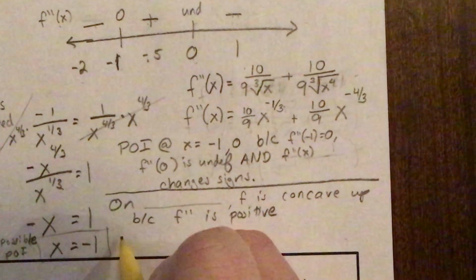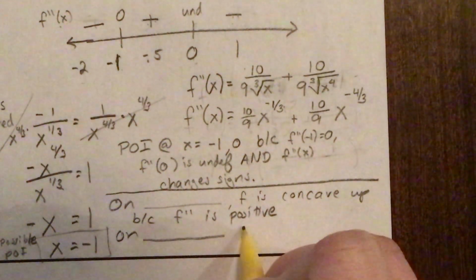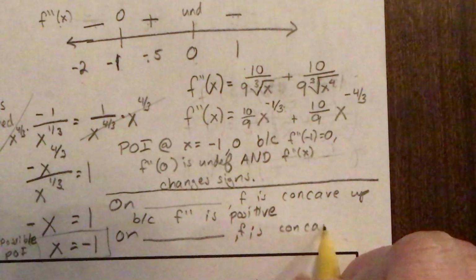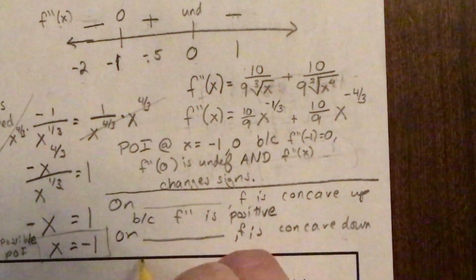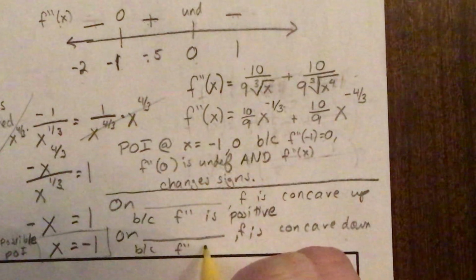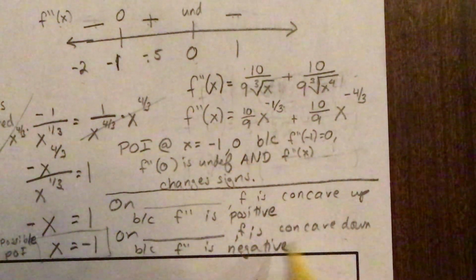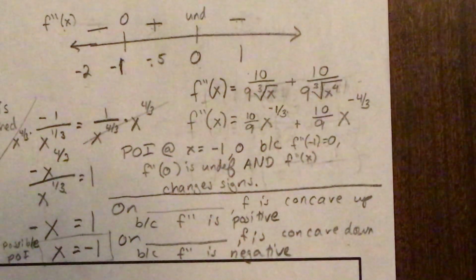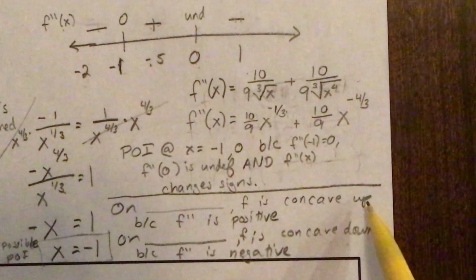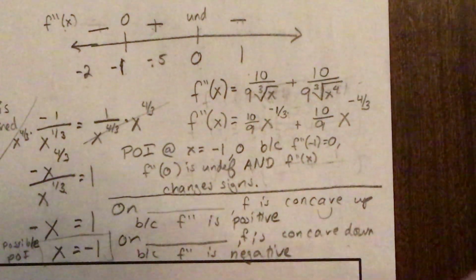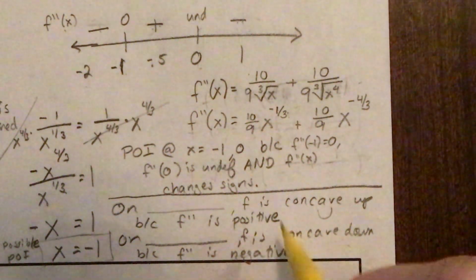And on blank, f is concave down because f double prime is negative. Negative down, positive up. If you have a positive mood, you're concave up like a smile. If you have to draw it out, hey, there's a smile, you're in a positive mood.